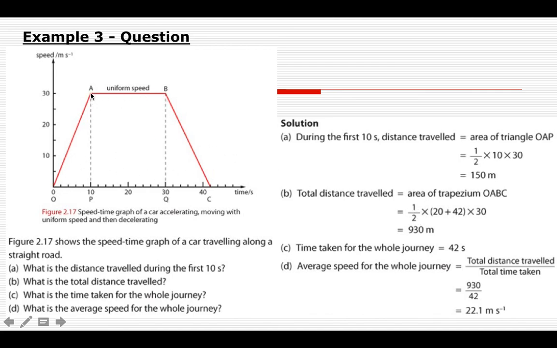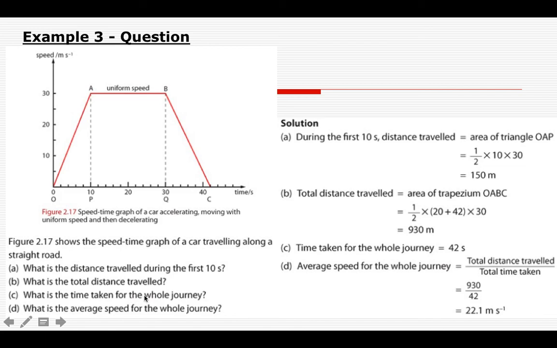The parallel sides are A to B, which is 20, and O to C, which is 42. So half times the sum of the parallel sides, 20 plus 42, multiplied by the distance between the parallel sides, which is 30, and you get 930 meters.